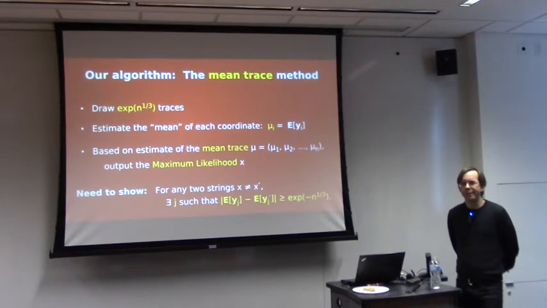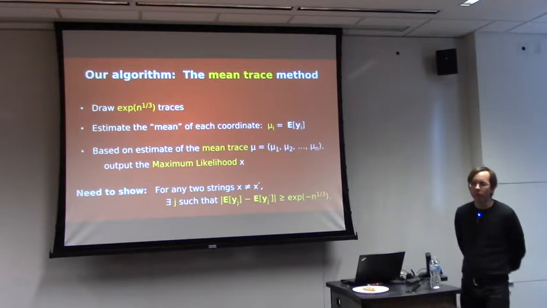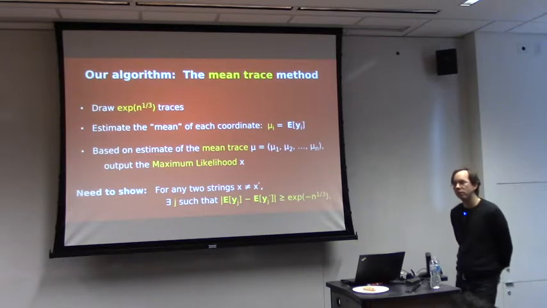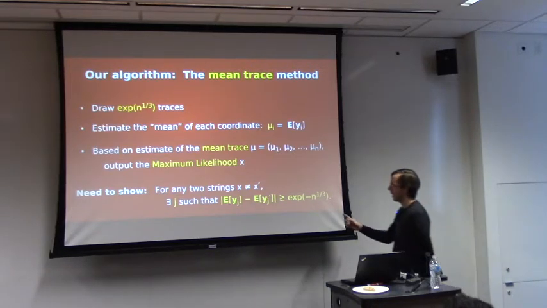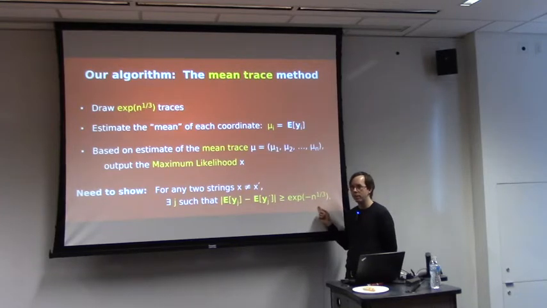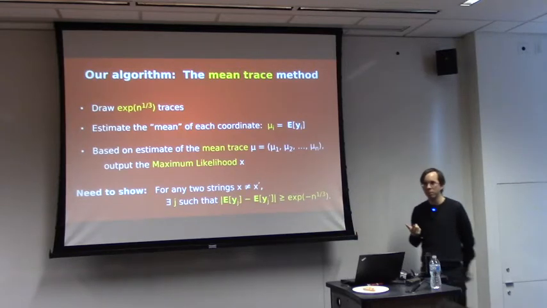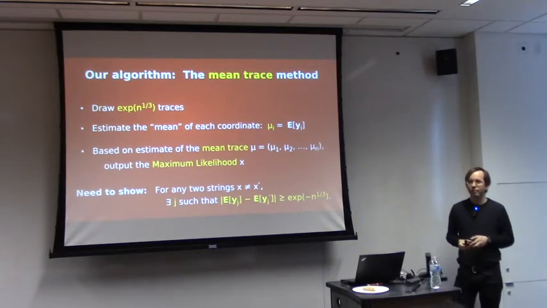Because you only have to worry about 2 to the n minus 1 other strings. So you need your probability of failing to distinguish to be smaller than 2 to the minus n. But your sampling has exponentially small failure probability. So maybe add a factor of n to the number of traces you use. You get exponentially small probability of failing to distinguish. So I think that will do it.